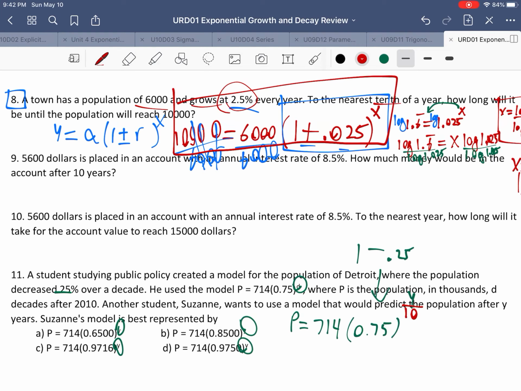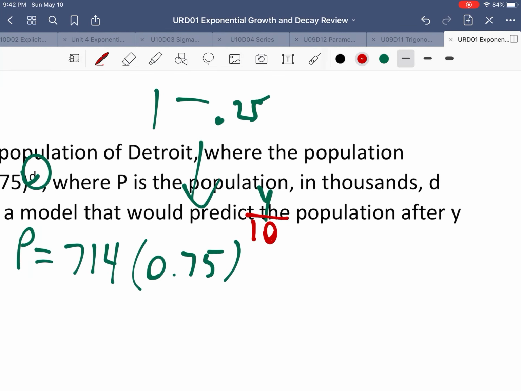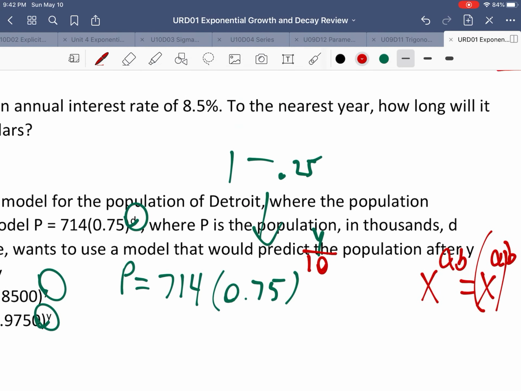But according to the problem, we don't want to have the over 10 in our solution. So what we're going to do is apply an exponent rule, and that exponent rule says that x to the ab is equal to x to the a to the b power. So that means we can bring this over 10 inside the parenthesis.